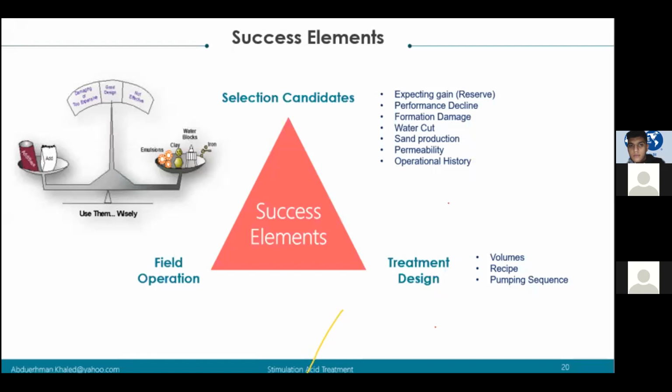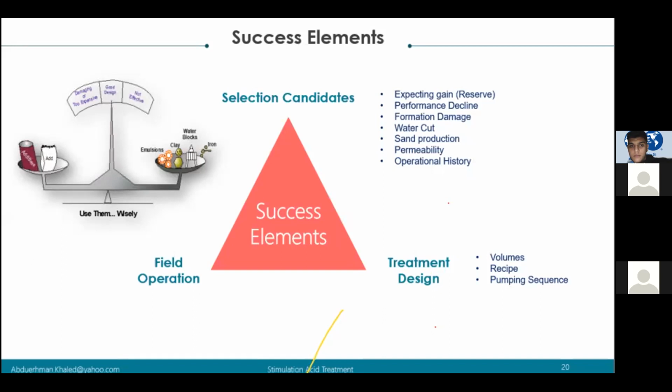The first additive, as I told you before, is the corrosion inhibitor, and there is no treatment without corrosion inhibitor. The corrosion inhibitor is actually a group of materials together, and its main goal is to act as a barrier between the acid and the pipes, so the acid will not react with the casing or any pipes or tubing. So it prevents any reactions.